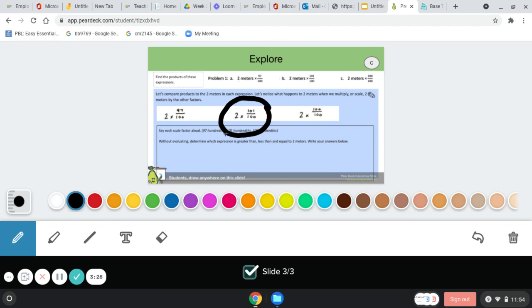So since this fraction, 101 over 100, is greater than 1, then this expression is going to be the one that has a product that will be greater than 2 meters. Okay? So that one, I'm just going to put it here.